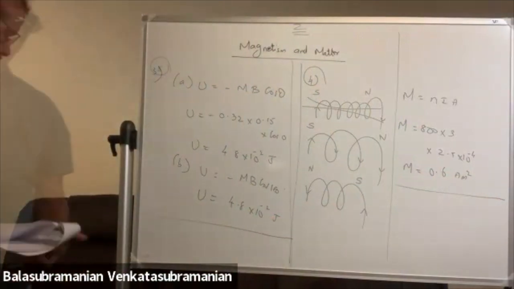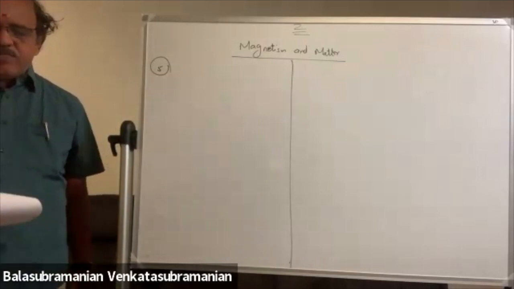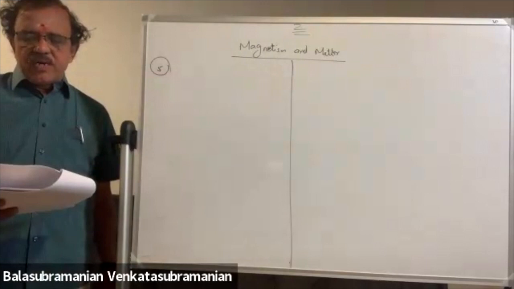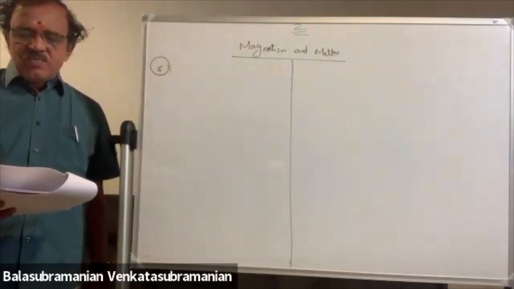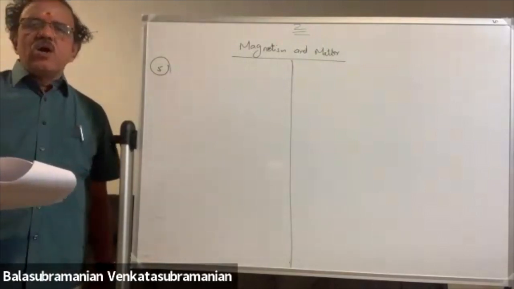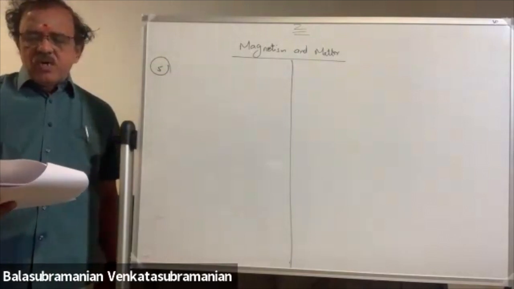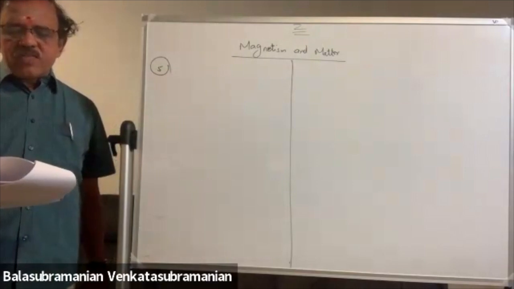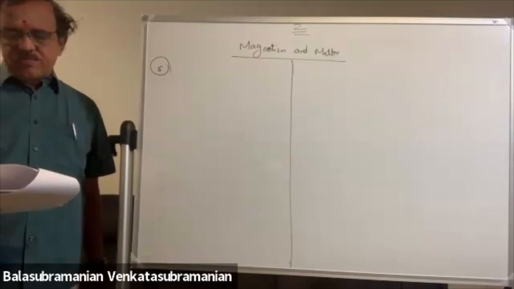Fifth problem. If the current carrying solenoid of magnetic moment 0.6 ampere meter square is free to turn in the vertical direction and a uniform horizontal magnetic field of 0.25 Tesla is applied, what is the magnitude of the torque when its axis makes an angle of 30 degrees with the direction of applied field?